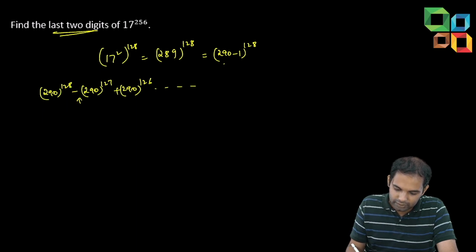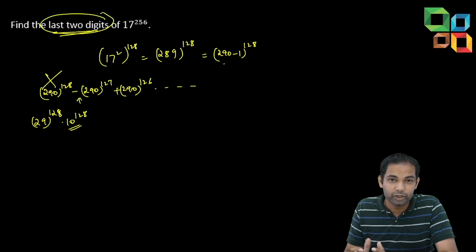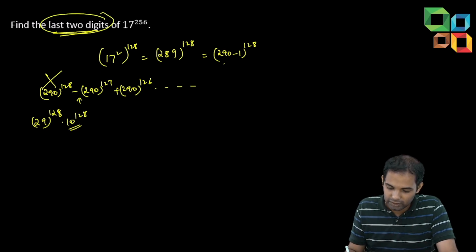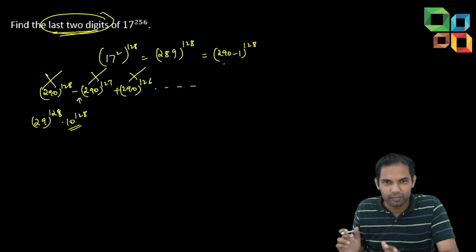Because it is nothing but 29 to the power 128 into 10 to the power 128, correct? So it has 128 zeros. So this term will certainly not contribute to the last two digits, because when you add them, they will have only zeros. Even this term won't contribute. Even this term won't contribute. You get the idea. So all I have to check is the last couple of terms.